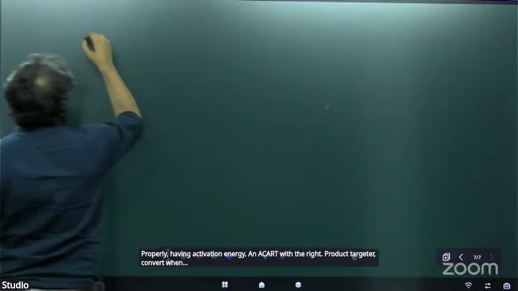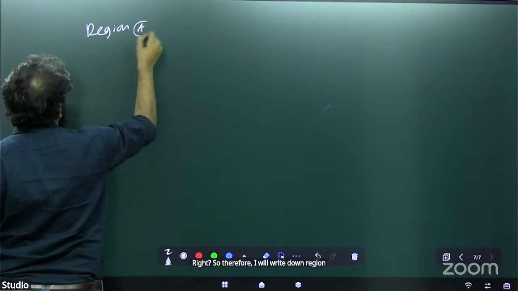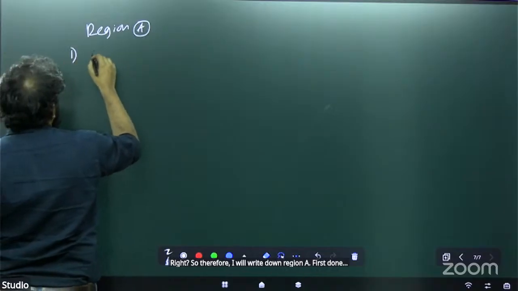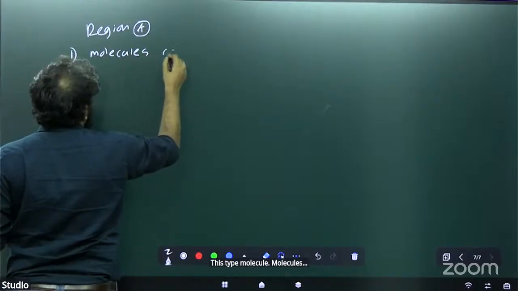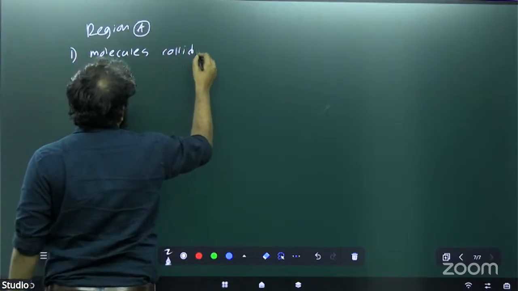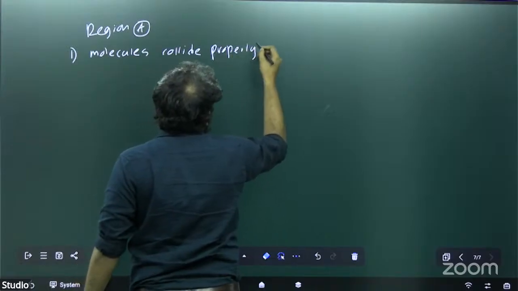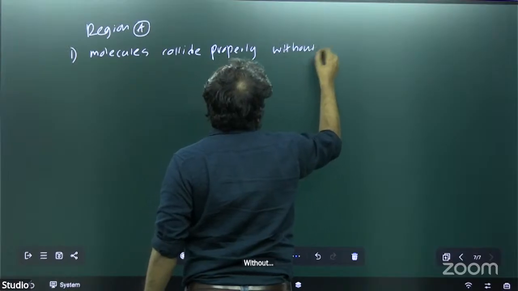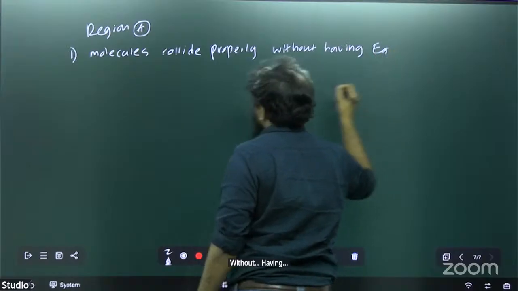Right? So therefore I will write down. Region A, first type: molecules collide properly without having activation energy.